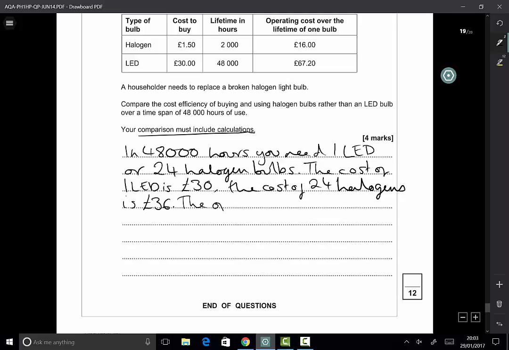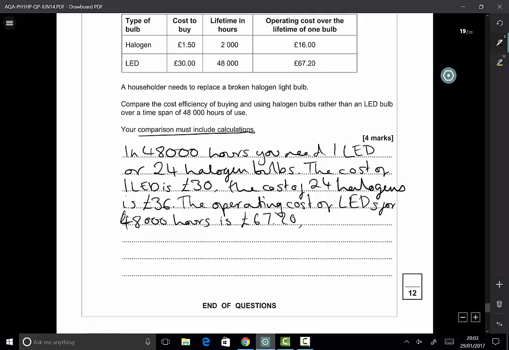The operating cost of LEDs for 48,000 hours is £67.20.